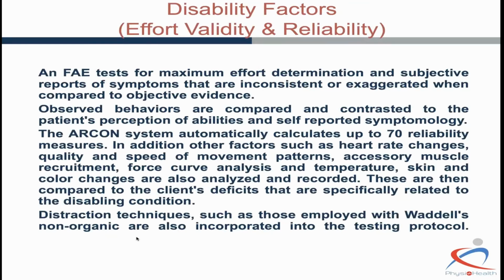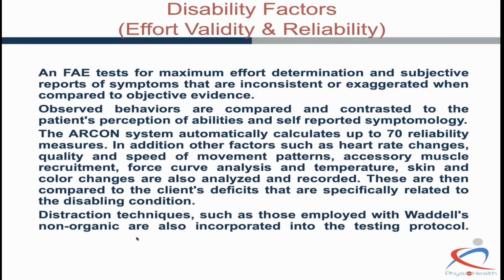We test every test that they do, we time them, and we time them 3 times. Across those 3 times, we're looking for variability. If I ask somebody to do a reaching activity 3 times and time them, typically you would expect the timed performance to be very similar, within 10% of each other. But if we get performance of, say, 10 seconds on the first trial, 20 seconds on the second trial, and then 15 seconds on the third trial, there's a variation in the coefficient of their ability.